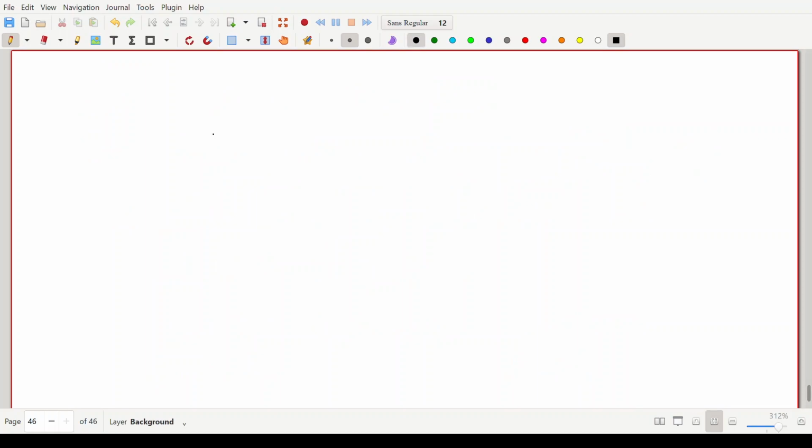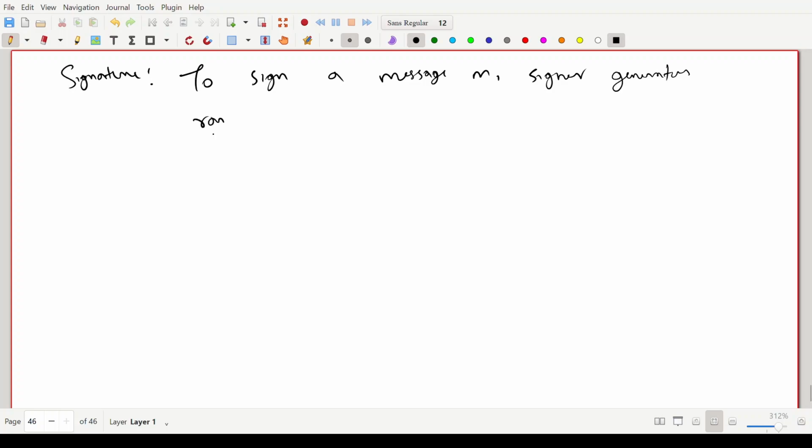Next is the signature. How do you sign? To sign a message M, the signer generates a random number K, which is less than Q, and computes two things.